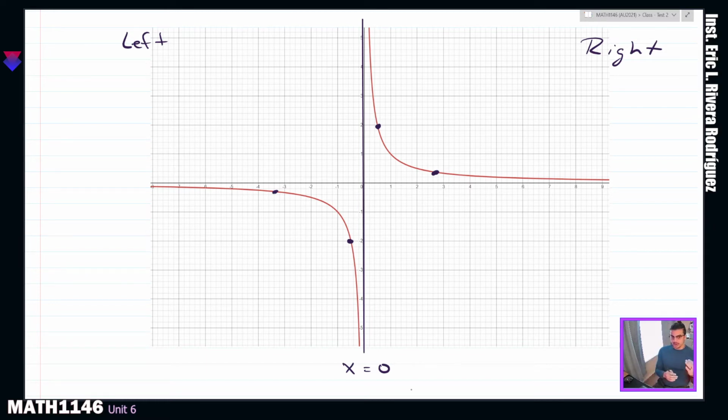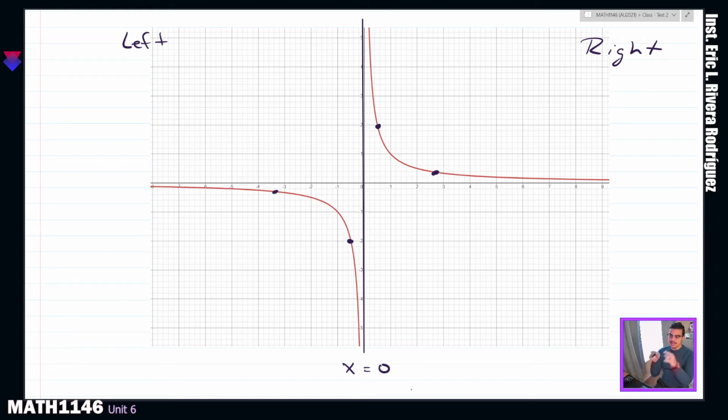Okay, we have two more types of asymptote. We have a horizontal asymptote or oblique asymptote. For a rational function, we have either but not both, horizontal or oblique asymptote. So for our class, it will be either oblique or horizontal asymptote.